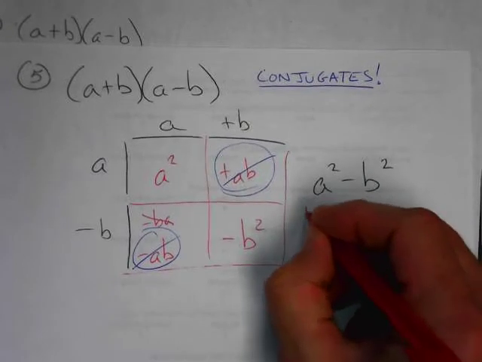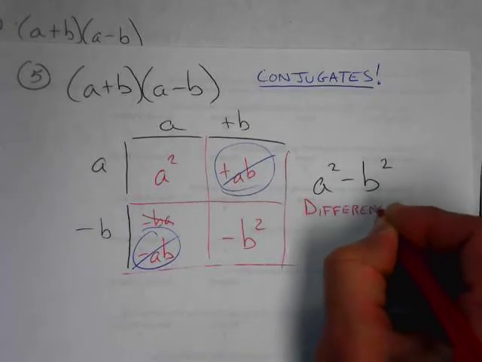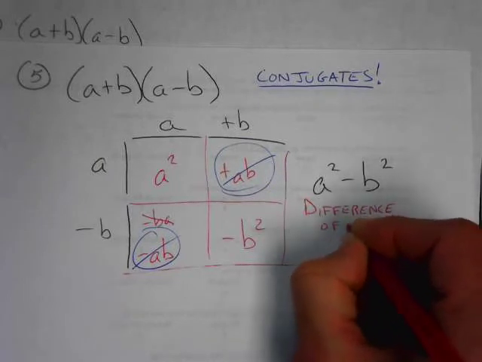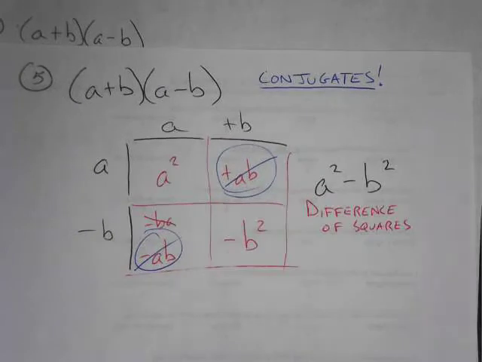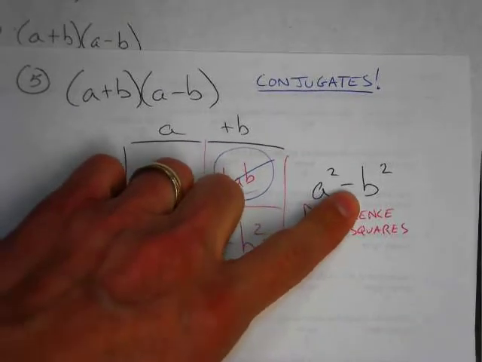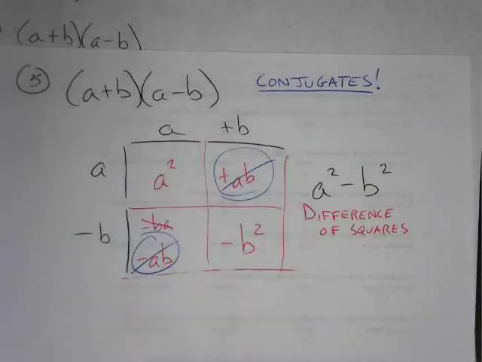This is called a difference of squares. We are subtracting two perfect squares, a squared and b squared, and we end up with a difference of squares. You've got to know the vocabulary. I cannot emphasize that enough.